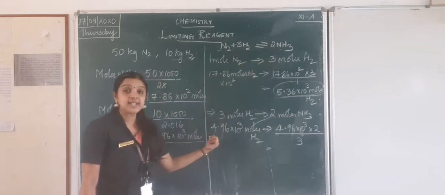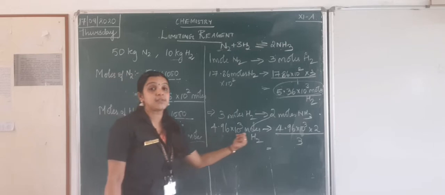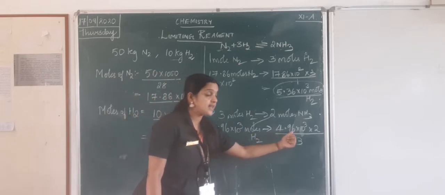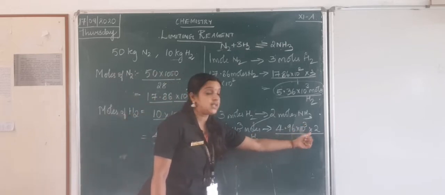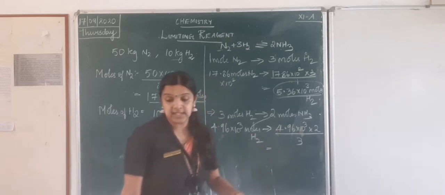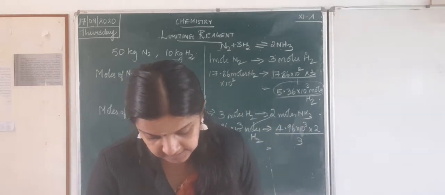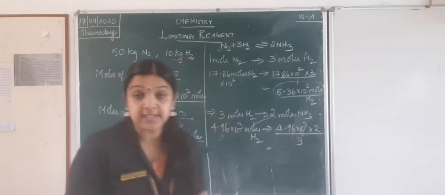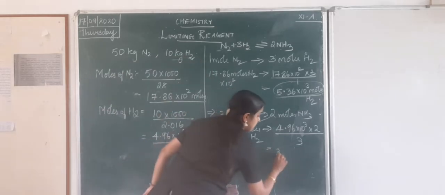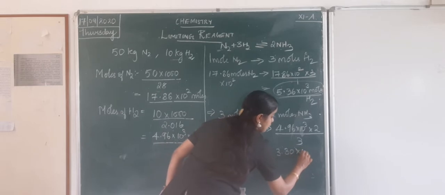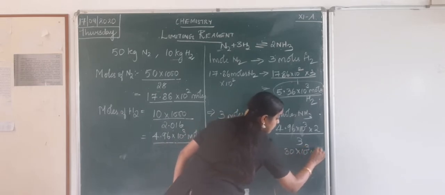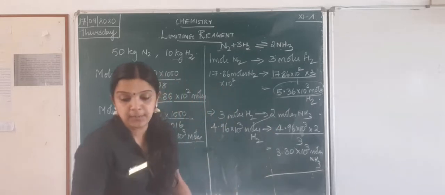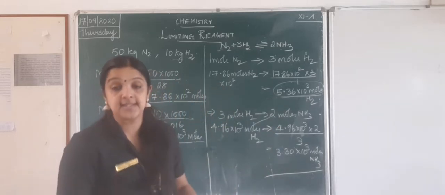So 4.96 × 10^3 moles of hydrogen will give 4.96 × 10^3 × 2 / 3, which is around 3.30 × 10^3 moles of ammonia. This much ammonia will be formed.